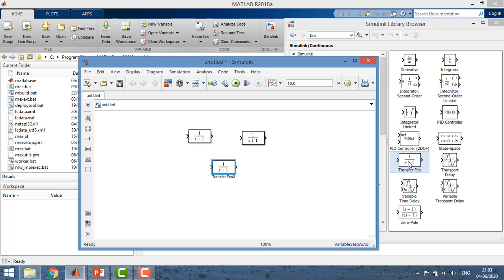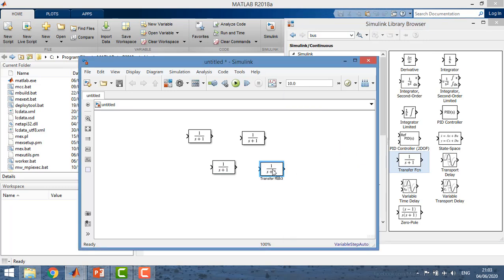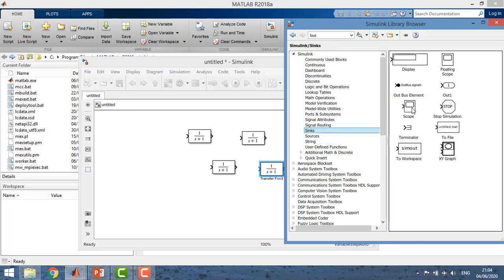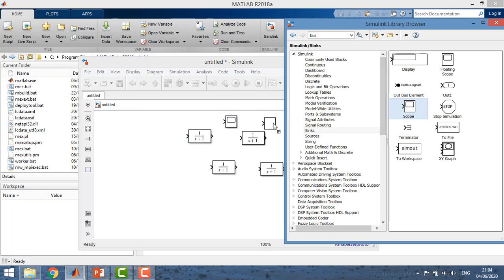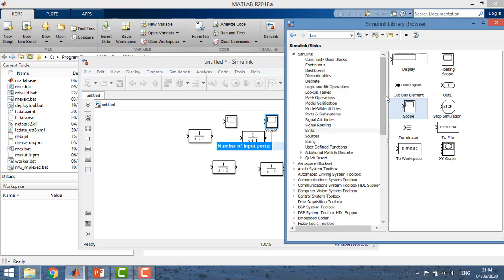So I'm going to build the model first, and then I'm going to explain how it works. Two scopes to show the primary current and secondary voltage.